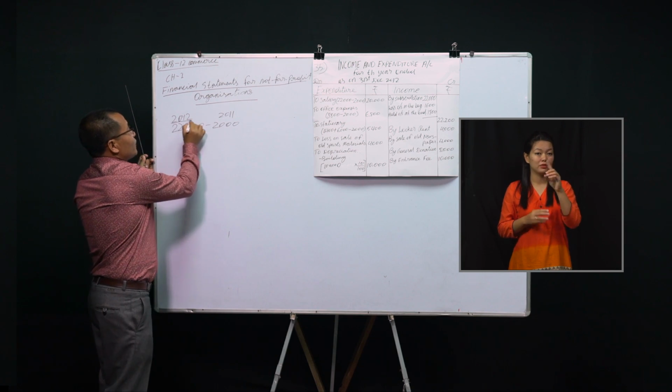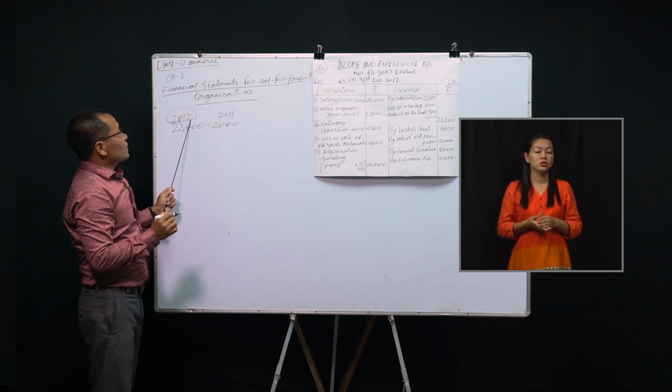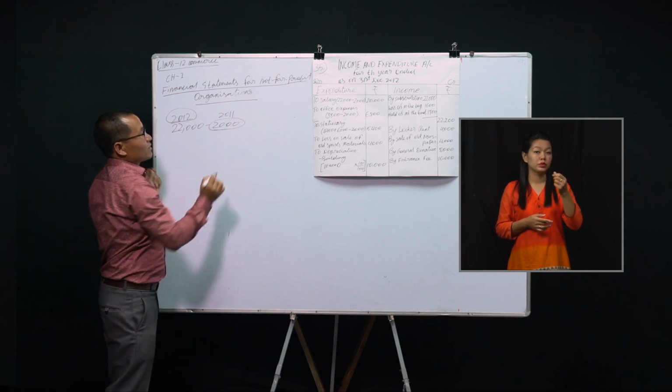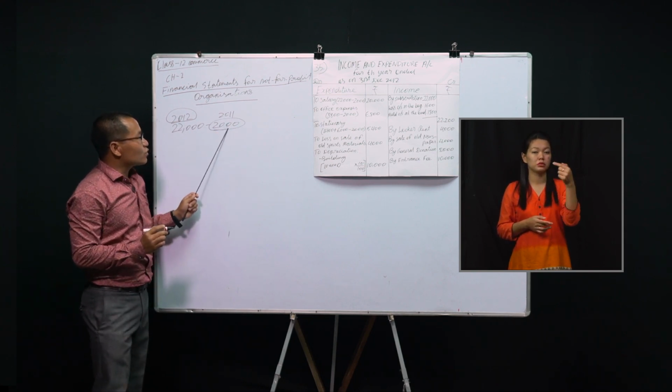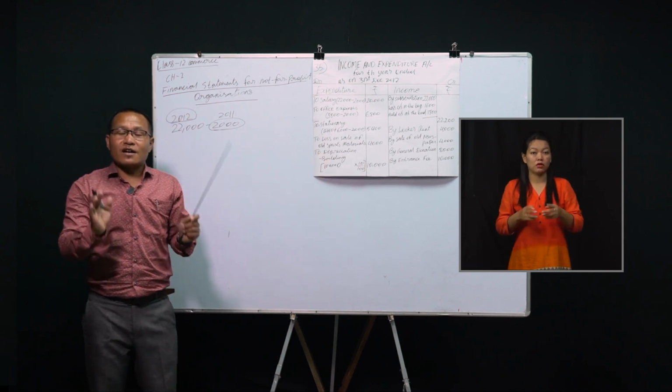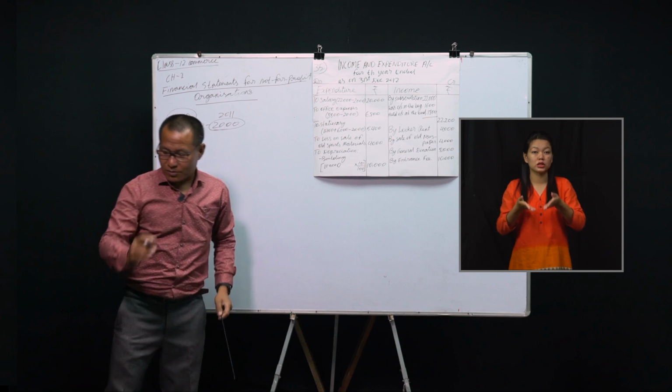Therefore, we are preparing for 2012, so this 2,000 has to be excluded. You have to subtract this 2,000 to make it 20,000 to get the correct deficit or surplus.